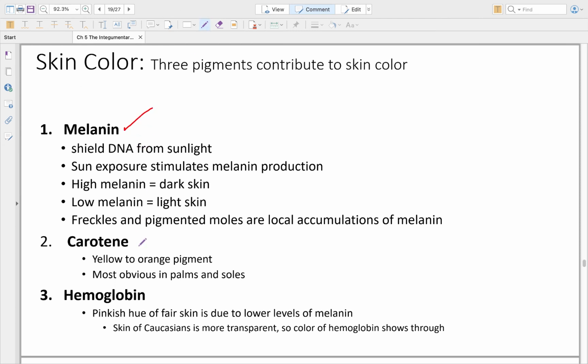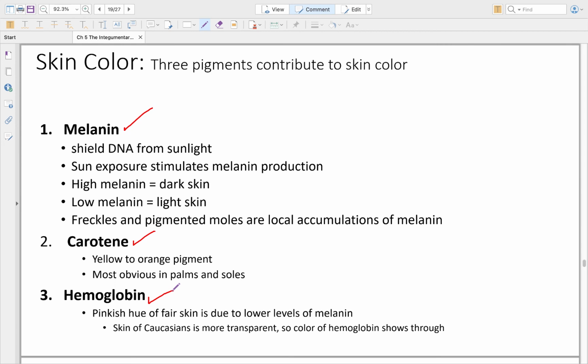Okay, the next thing we're going to talk about are the 3 pigments that contribute to skin color: melanin, keratin, and hemoglobin. Melanin blocks UV damage and blocks DNA from getting damaged from the sun. Ultimately, it protects your DNA.